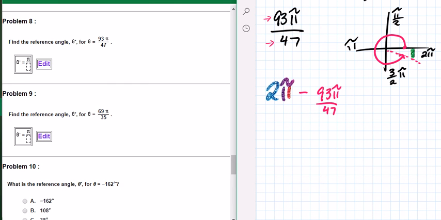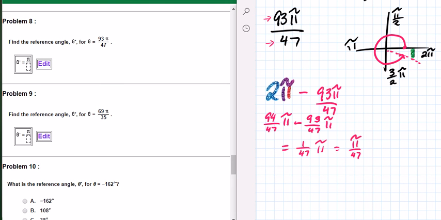Finding a common denominator, that becomes 94 over 47 pi minus 93 over 47 pi. So my reference angle here is going to be 1/47 pi, or pi over 47.